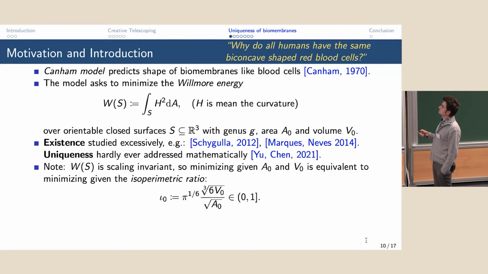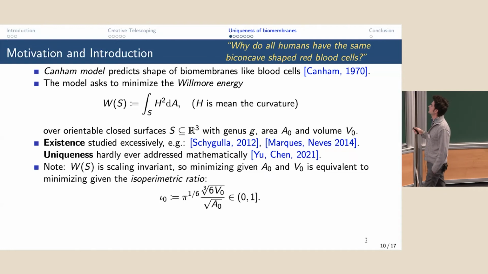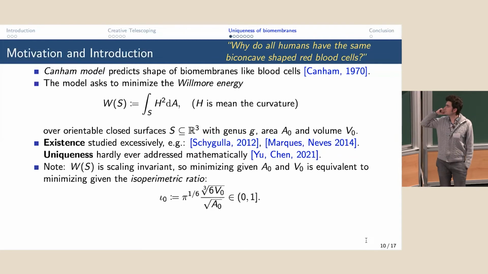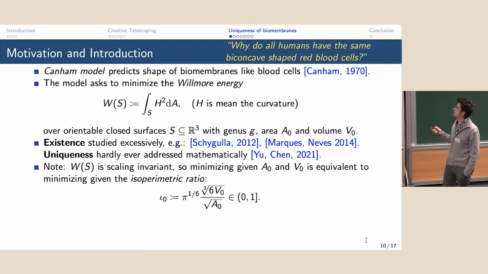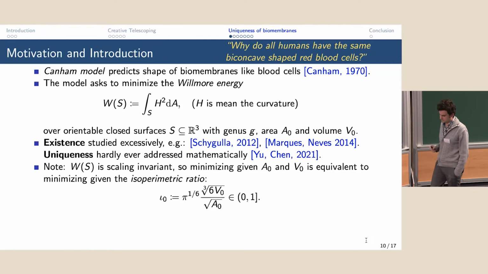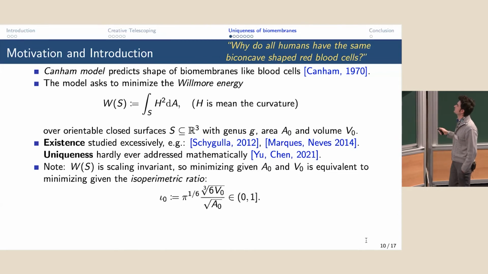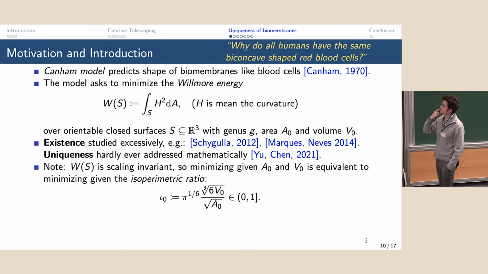The existence for this model is studied extensively, and most notably in this seminal paper of 2014, where the authors proved the existence in genus 1, for example, for some specific choices of area and volume, which I explain now.